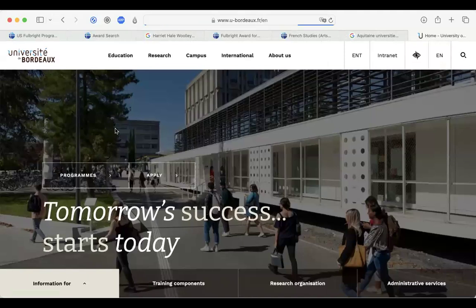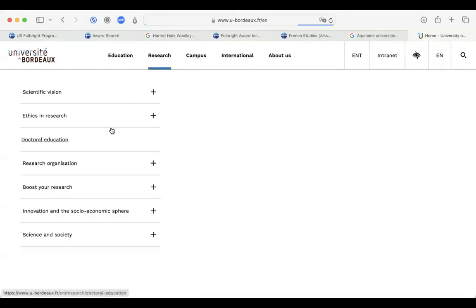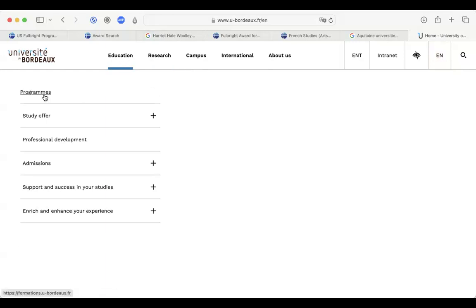All right. And so you then want to do some searching and see, okay, what can I find about the programs that are here? Now, I will tell you that the English and French versions sometimes are separate but parallel-ish websites, and sometimes it's a direct translation of the material on the page. Let's go here to education and programs.